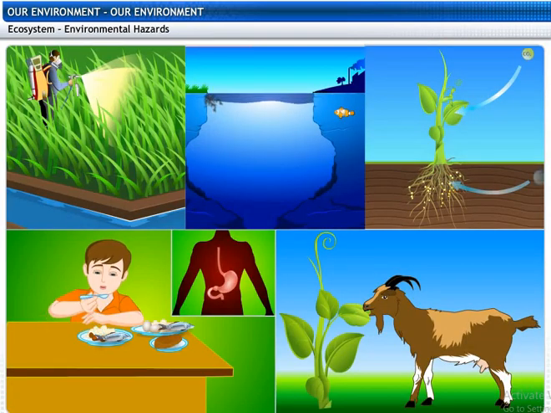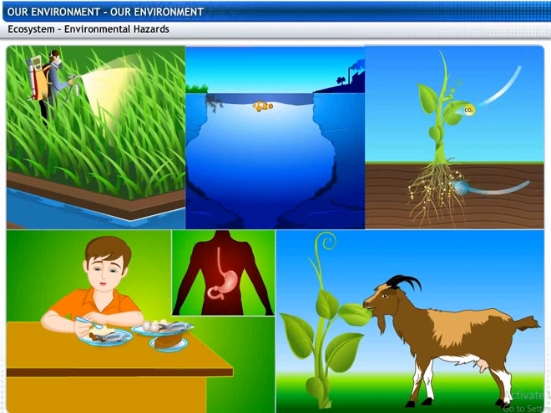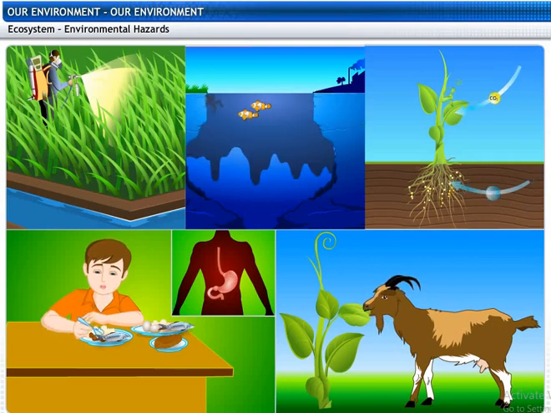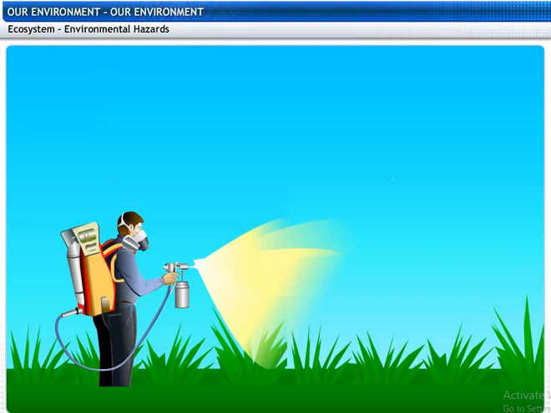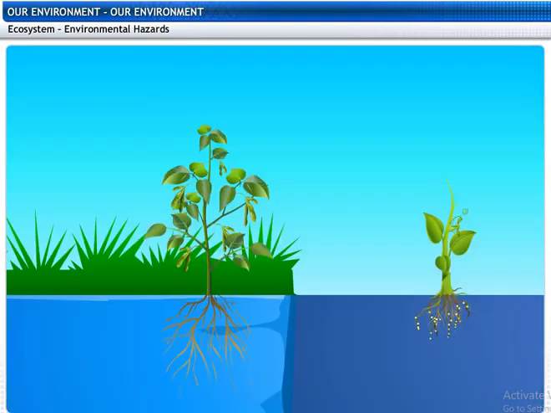Did you know that unknowingly harmful chemicals can enter your body through the food chain? One of the reasons is the use of several pesticides and other chemicals to protect crops from diseases and pests.